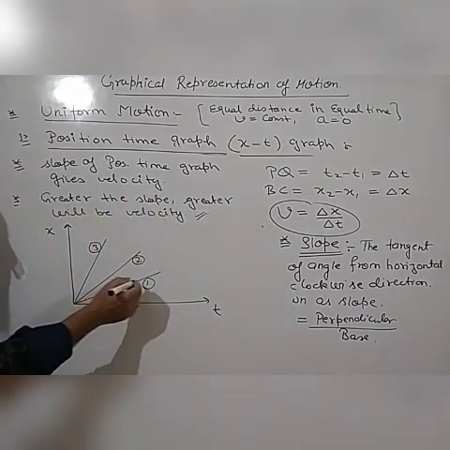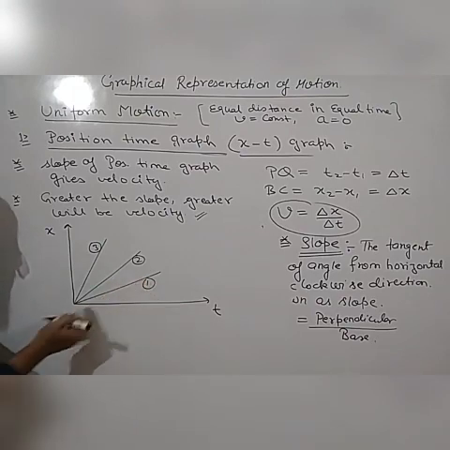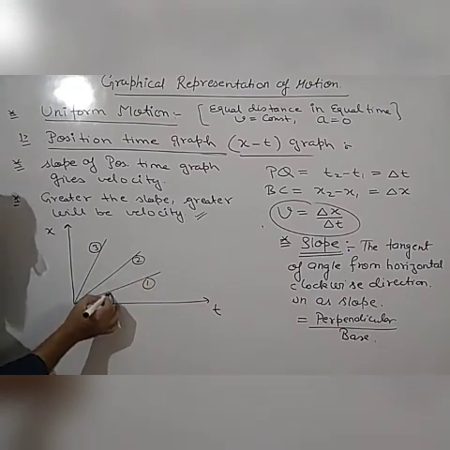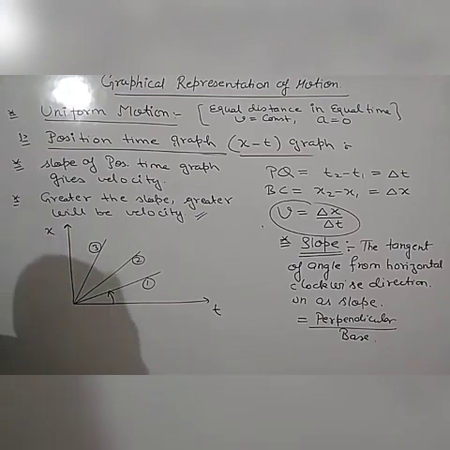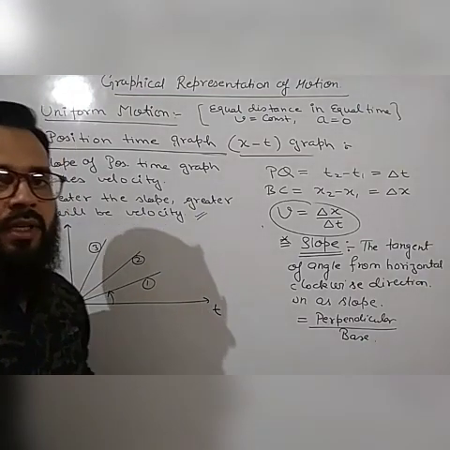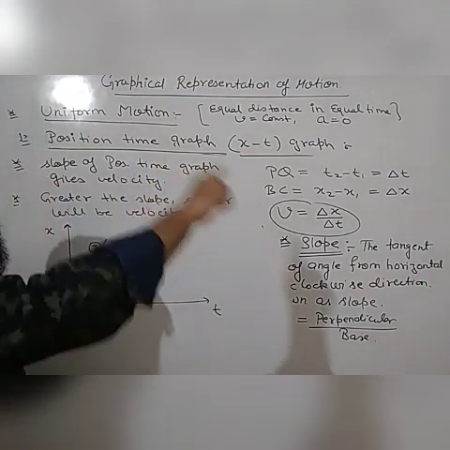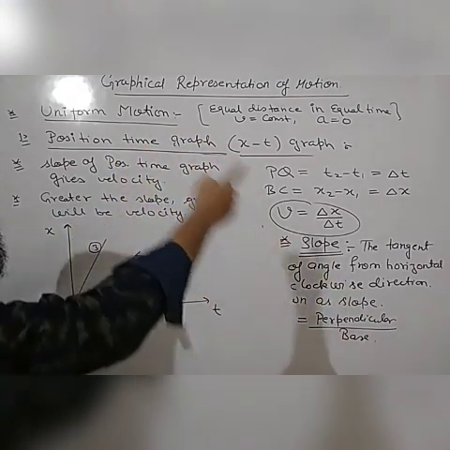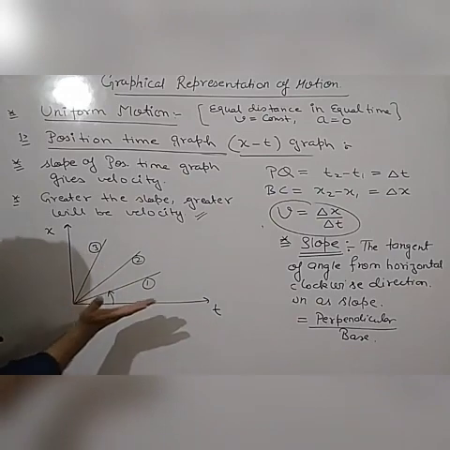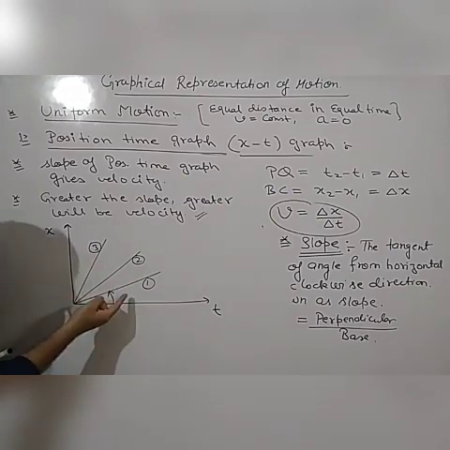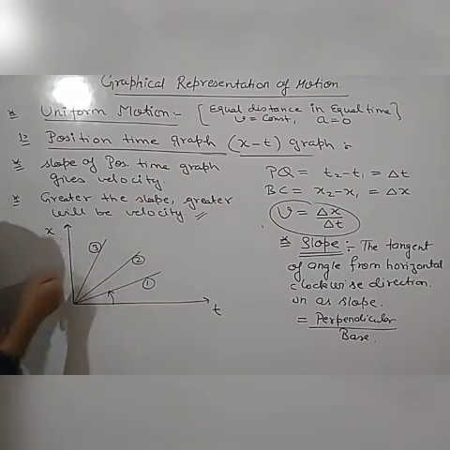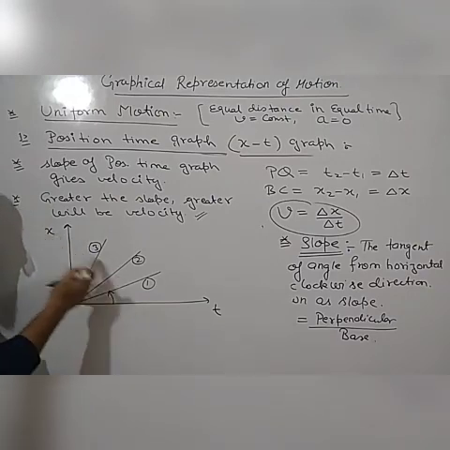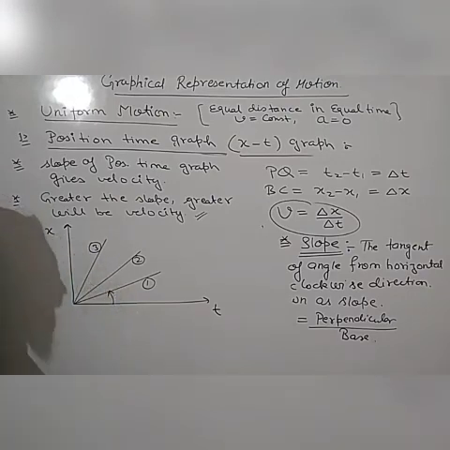The slope is the angle from horizontal in anti-clockwise direction. You all know about the anti-clockwise direction. The direction of the clock is clockwise, and the direction opposite to clock is anti-clockwise. So this is our horizontal line. If we move in anti-clockwise direction, which of these three has the maximum angle?